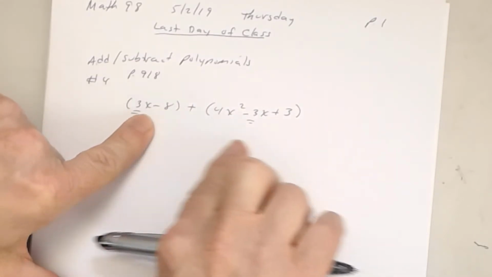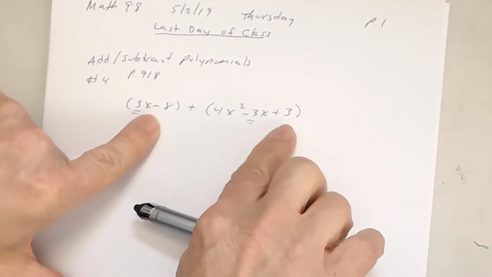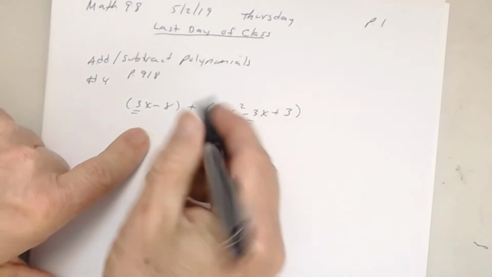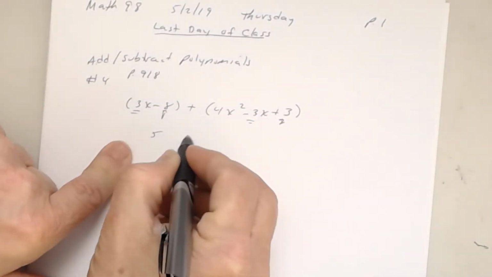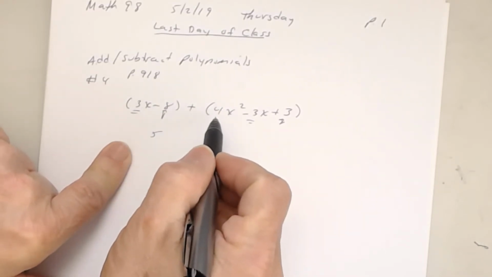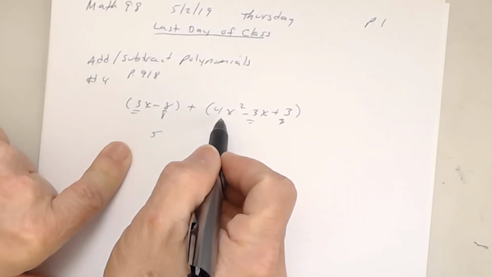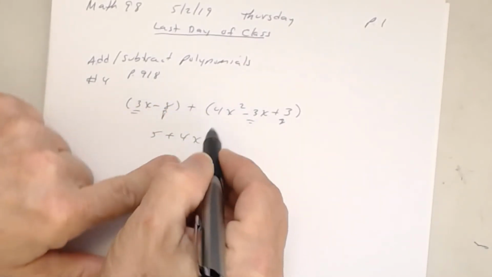Is there another constant anywhere in the other polynomial? 3. Yes. What's a negative 8 plus 3? It's 5, right? So when I add these 2, I'm going to get 5. Now the only other thing that's left is what? 4x squared. So I have 5 plus 4x squared.